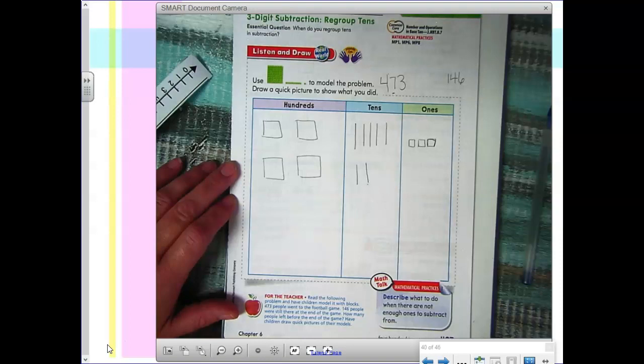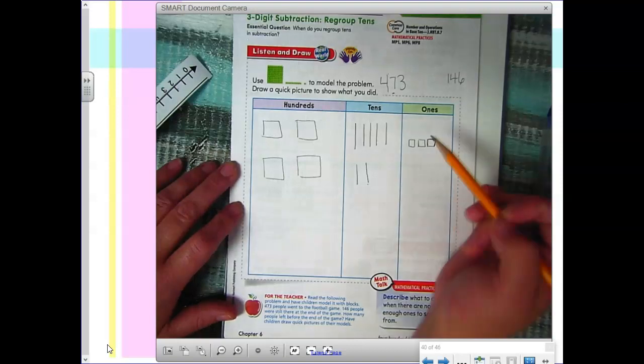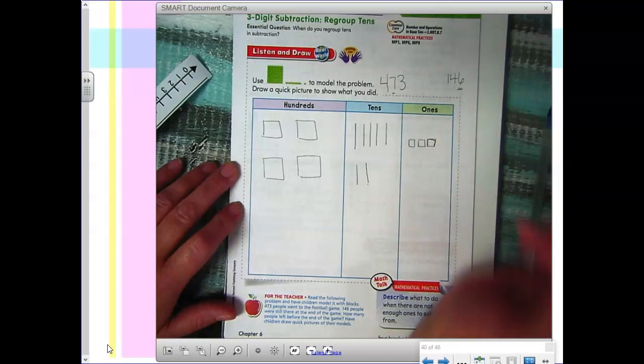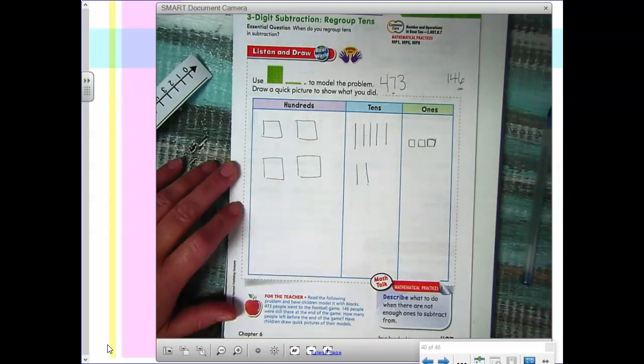So what will we do? We have to subtract that number from it. So we have 3. We need to subtract 6. Can we do that?